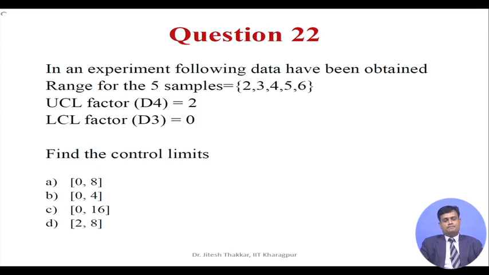Question 22. In an experiment, following data have been obtained. Range for the 5 samples is 2, 3, 4, 5, 6. Upper control limit factor D4 is given 2, lower control limit factor D3 is given 0, and simply you are supposed to find the control limits.